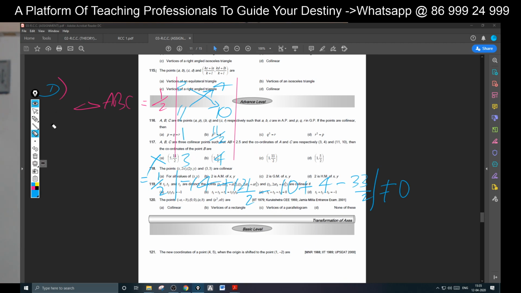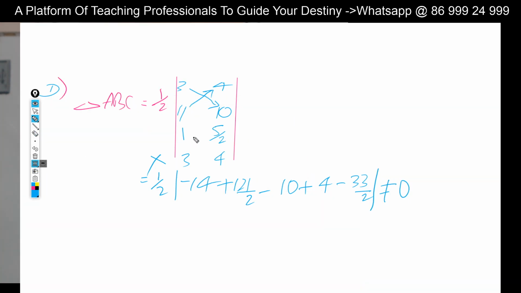This is (1, 5 by 2). Let us see this now. This won't change, minus 40, and it is 55 by 2.